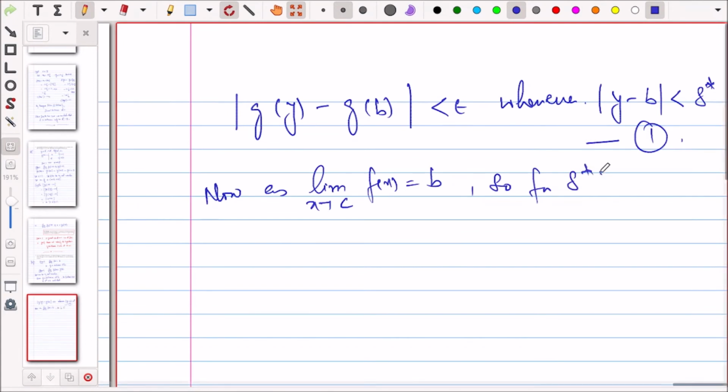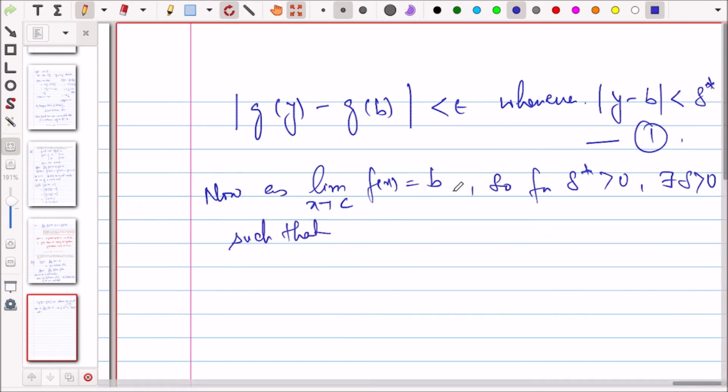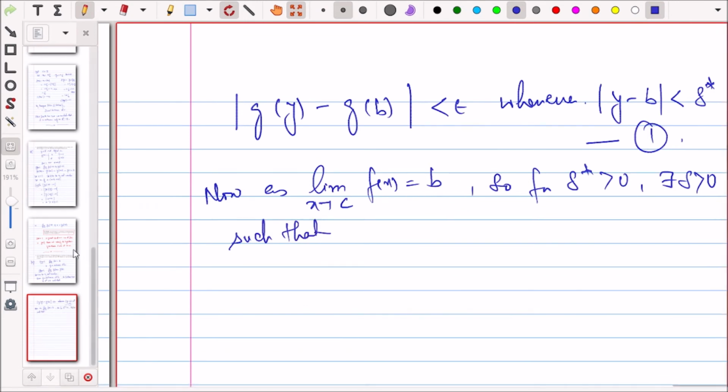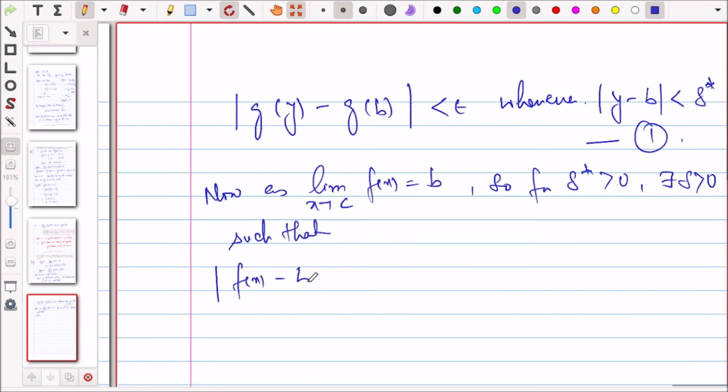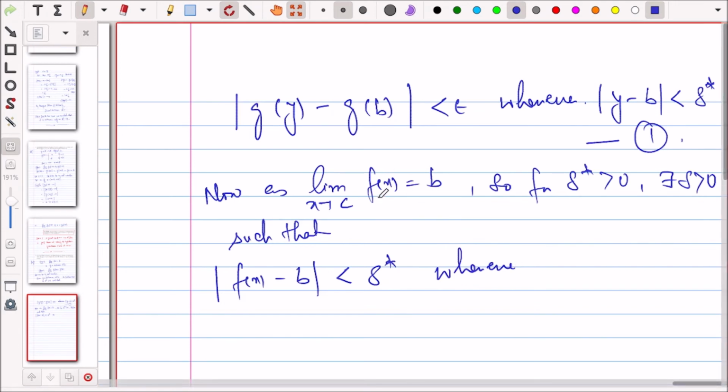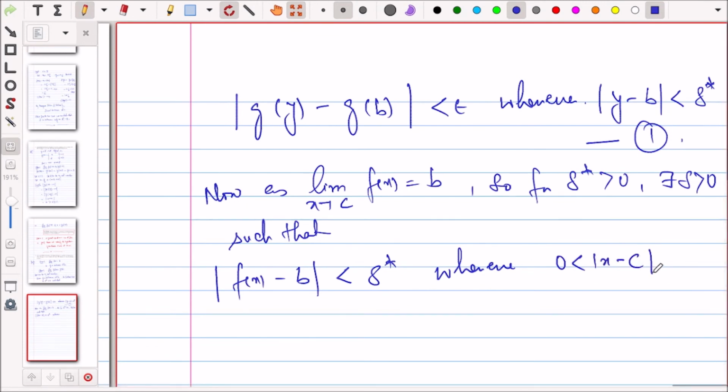So for delta star greater than 0 there exists delta greater than 0, totally the same proof which we did for the composition of two functions, such that |f(x) minus b| is less than delta star, whenever, because we are using the definition of limit, 0 is less than |x minus c| less than delta.